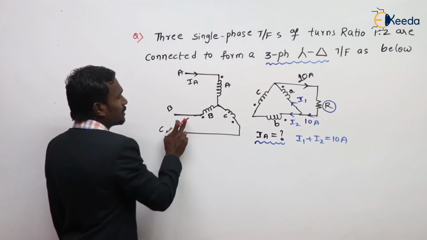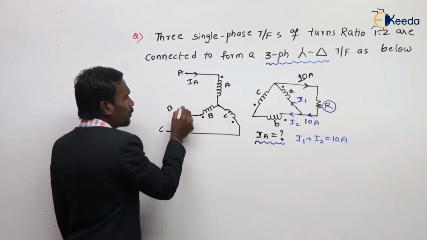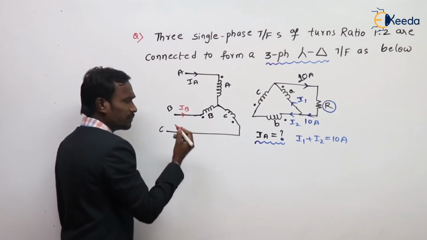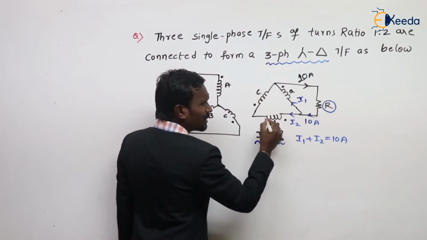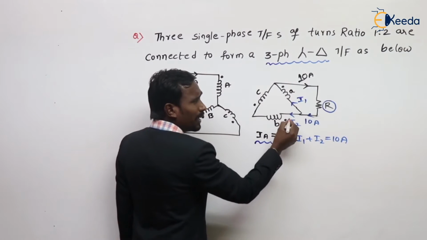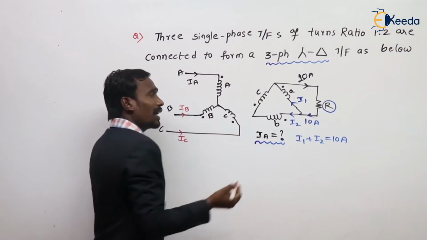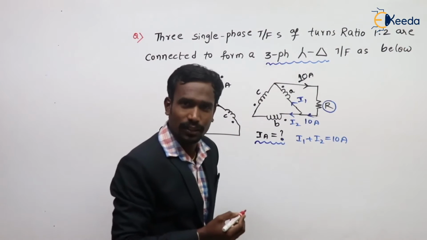And next one, see here this is actually IA, and of course this is IB, and this is IC. But see here, in this condition at phase B, the current enters at this dot notation. Current enters into the winding at this dot notation.